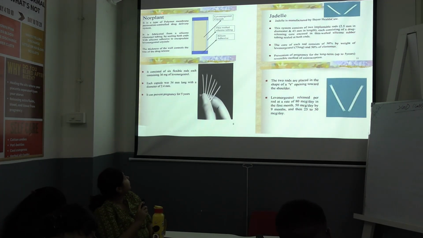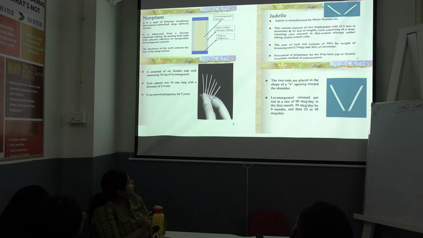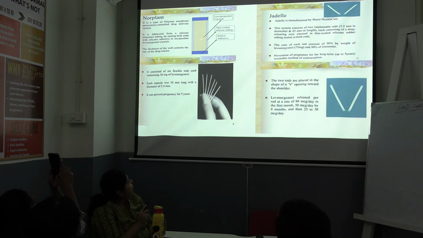Now the levonorgestrel-containing implants are Norplant and Jadelle. These two examples you need to remember. Norplant contains 6 rods containing levonorgestrel. The parts: thin-walled silicone tubing, levonorgestrel crystals inside this tube, and silicone adhesive used to seal both ends.